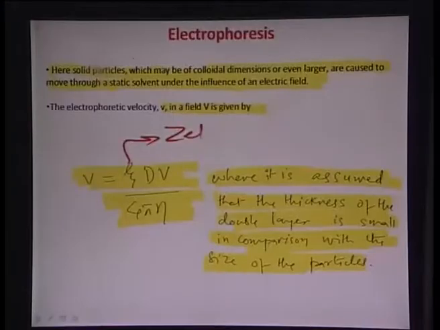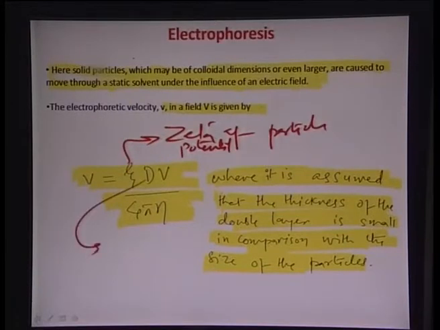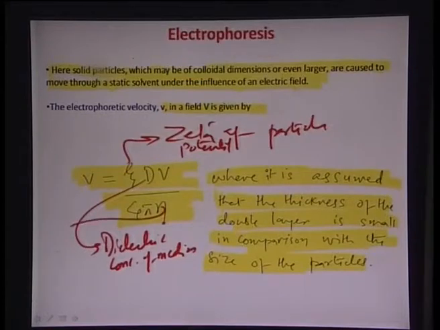So here in this equation, V is the electrophoretic velocity, zeta is the zeta potential of the particle with respect to the medium, epsilon is the dielectric constant of the medium, eta is the viscosity, and this essentially is also the applied field. Okay.